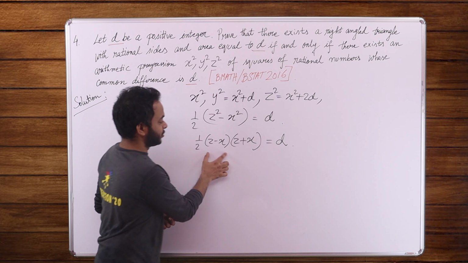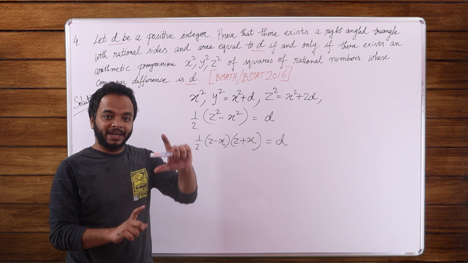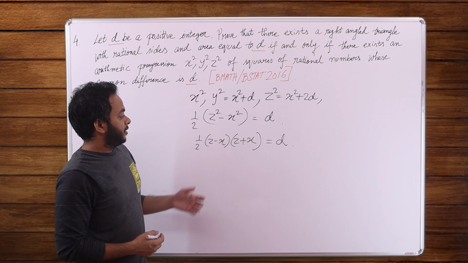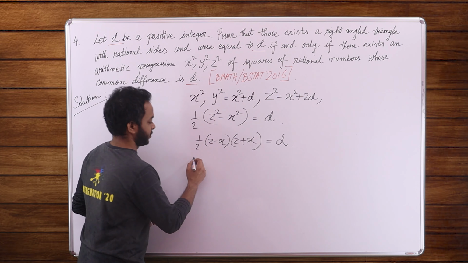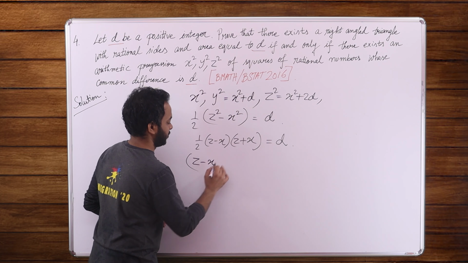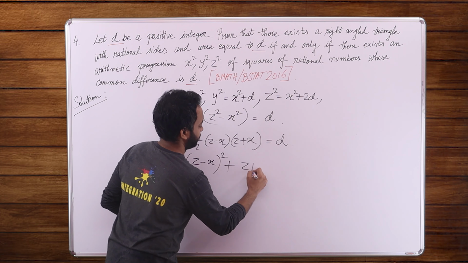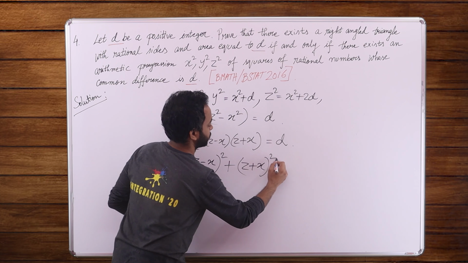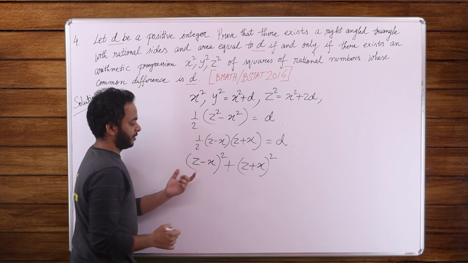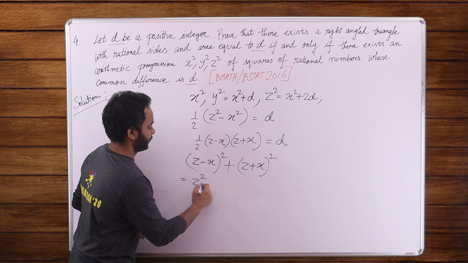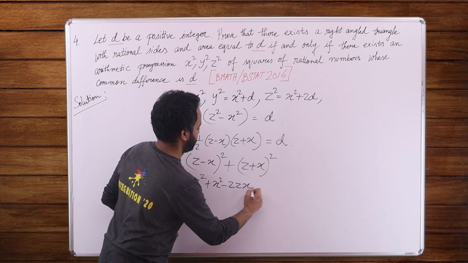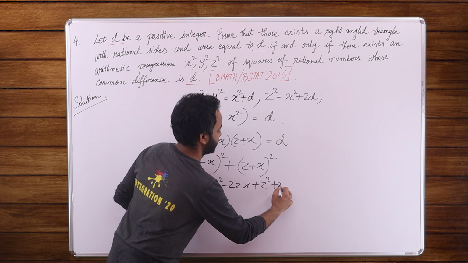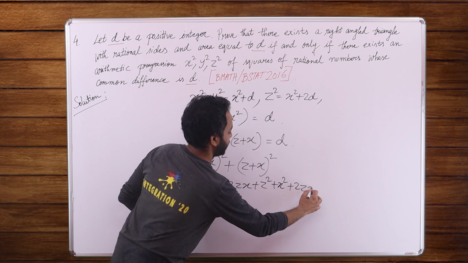And now if these two are the sides of a right angle triangle containing the right angle, let's see what can be the hypotenuse. So z minus x whole square plus z plus x whole square. How much is that coming out to be? z square plus x square minus 2zx plus z square plus x square plus 2zx.